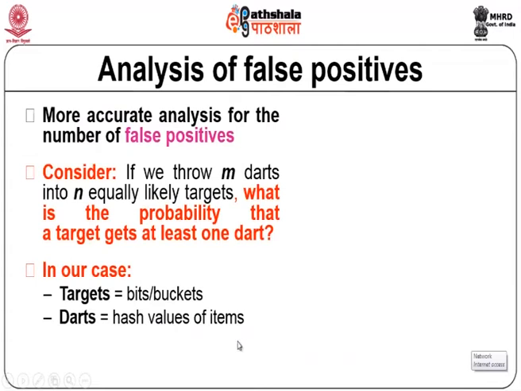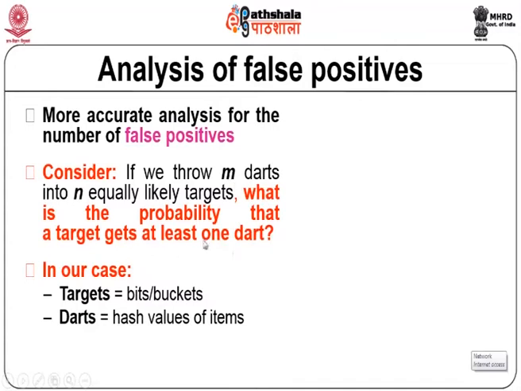Let us analyze the false positives in detail. Suppose you want to understand how these false positives come into the picture and how they are avoided. Take a scenario where you are going to throw m darts at n equally likely targets. Now, what we are trying to identify is the probability that a target gets at least 1 dart.